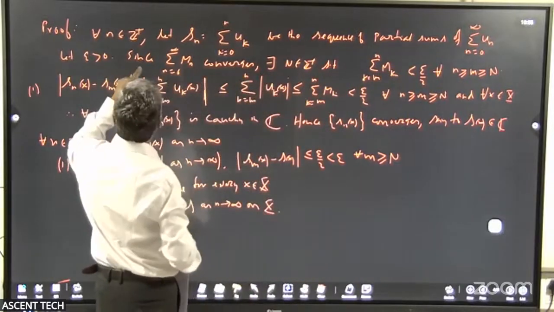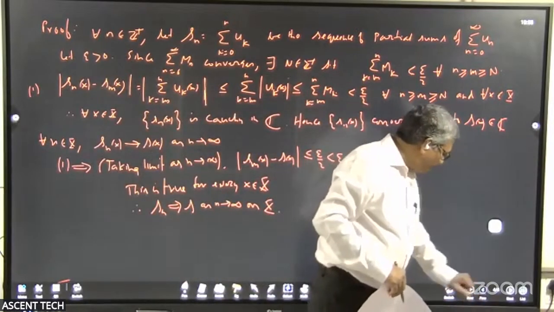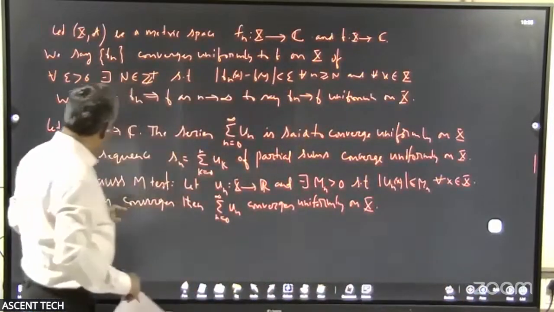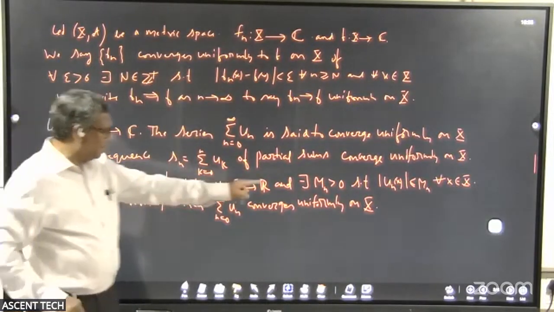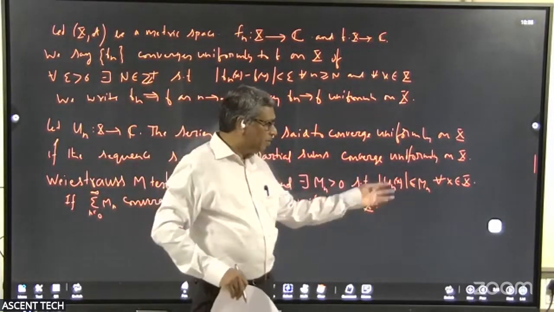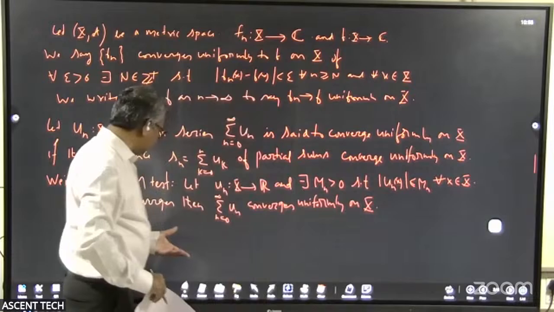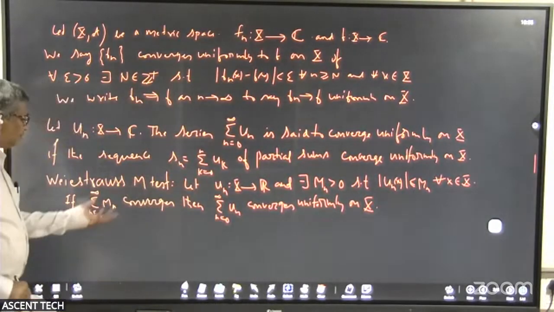So un is a sequence of functions, and there is an Mn such that |un(x)| is less than Mn for all x in X. These bounds dominating the series are themselves convergent.